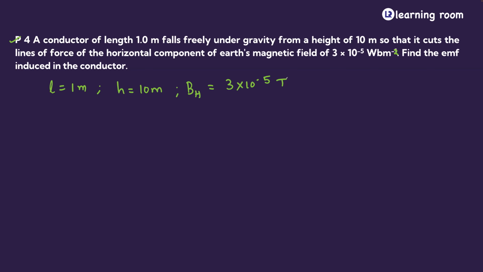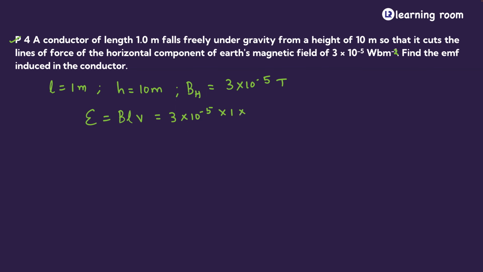So E is equal to B into L into V. Here B is going to be 3 into 10 power minus 5 only, right? Length is going to be 1 meter, but we don't know the velocity.